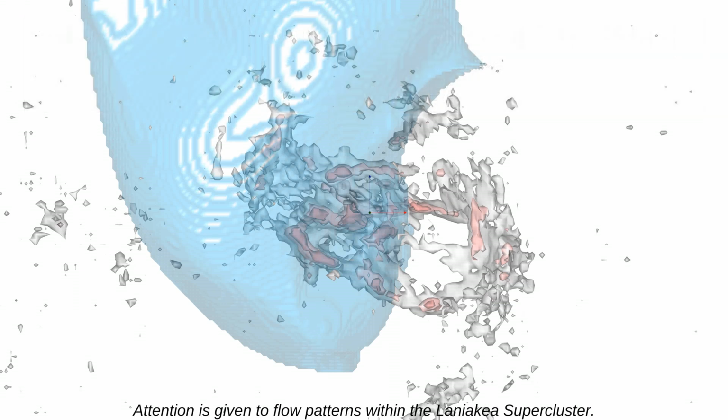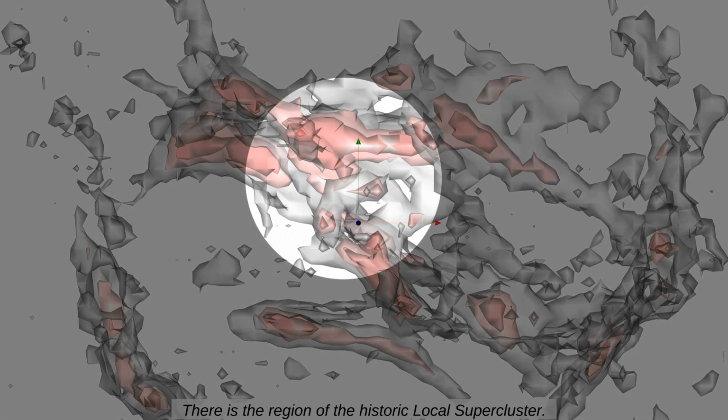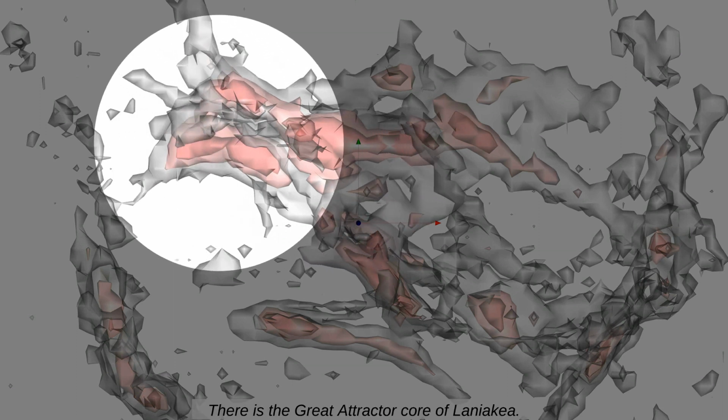Attention is given to flow patterns within the LANIAKEA supercluster. 4 regions will be isolated. There is the region of the historic local supercluster. There is the great attractor core of LANIAKEA.